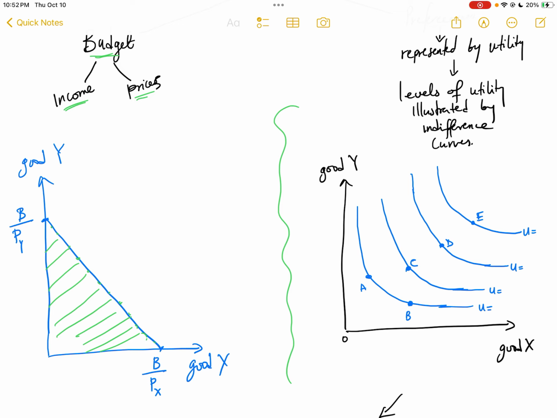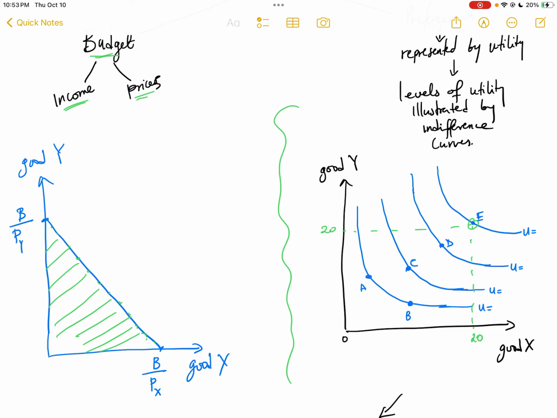Indifference curves illustrate our preferences. In what way? We can rank the preferences. I can tell you, I prefer bundle E. That gives me this many units in good Y, maybe let's say 20, and this many units in good X. Do you see that?